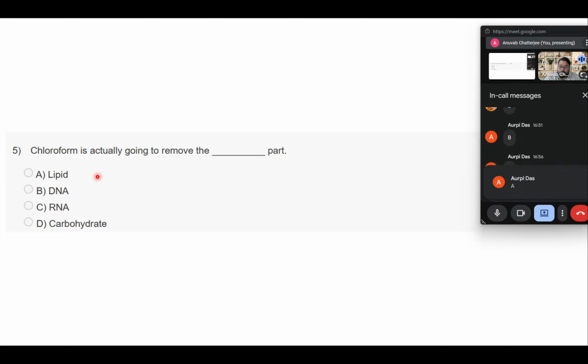Or says it is A, the lipid part. Anyone else? Srijani also says it is A.